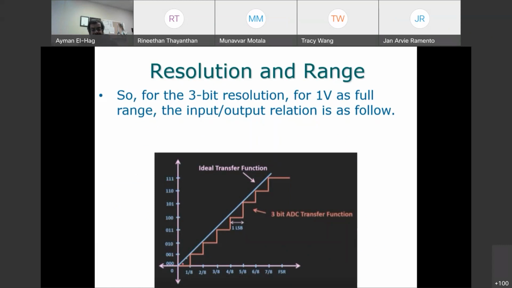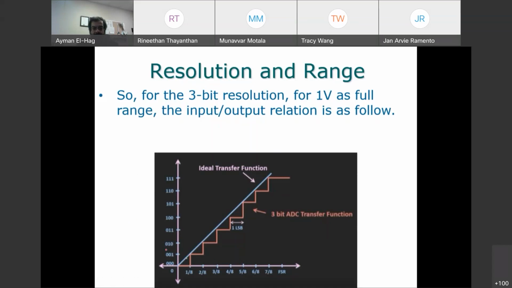This is the same thing I mentioned in the previous slide, but you look at it in a different way. From 0 to 1/8 of the signal, or 0.125 volt, you will always get 0, 0, 0, regardless. If you go from 0.125 to 0.25, then you get 0, 0, 1, and so on and so forth.